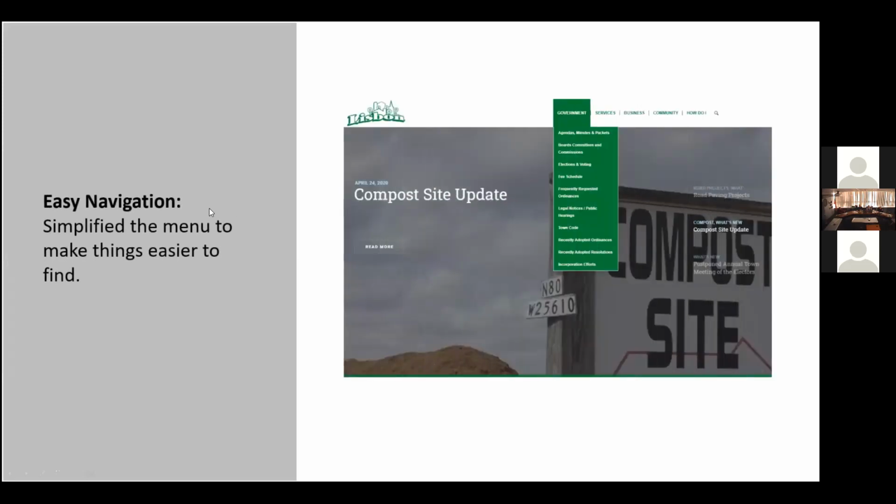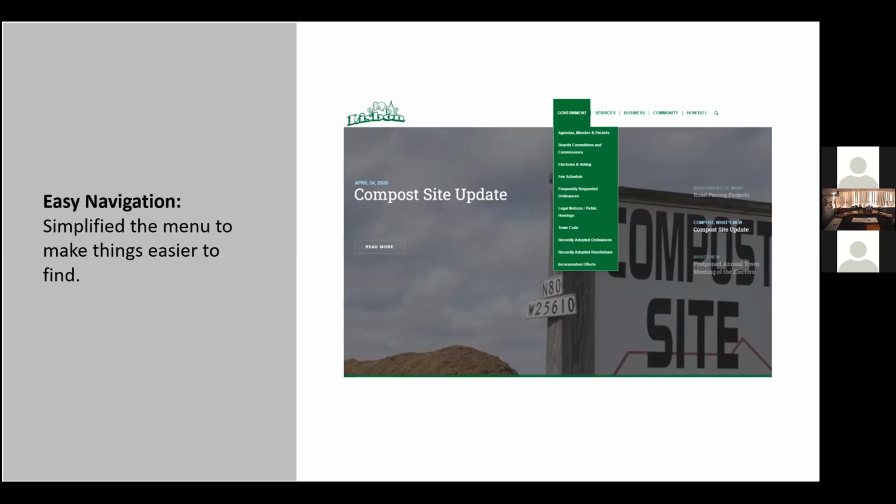The last thing that we have here on the website that we modified was the user navigation. Your old website had a menu that took up a huge space and it was kind of hard to read through. So this menu system condenses things down a bit and makes it easier to read through.